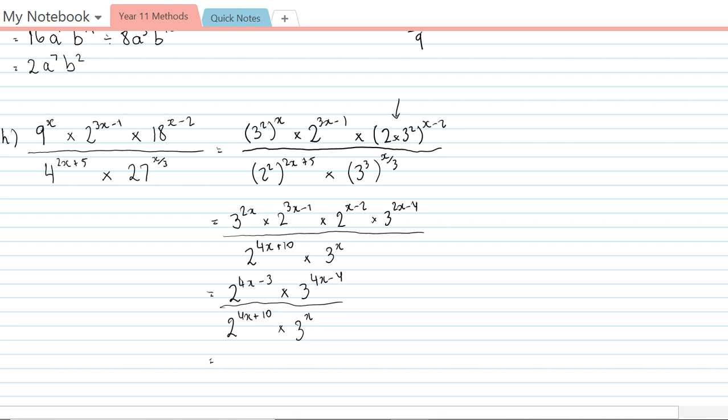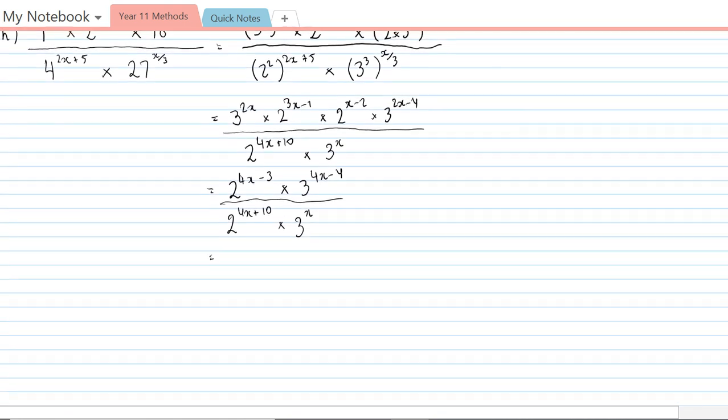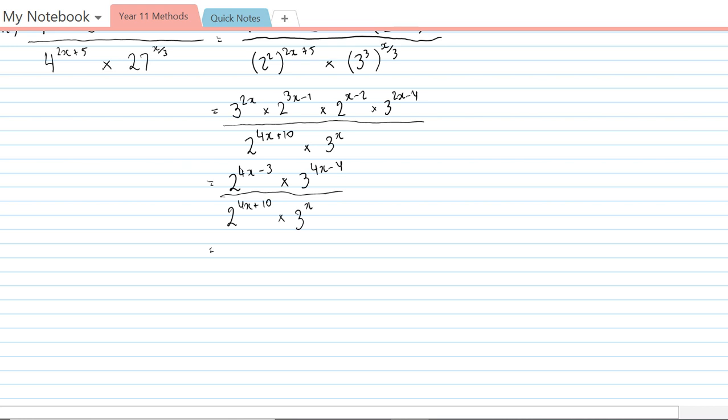Now, when we divide these, we can only deal with the ones that have the same base, but we will just subtract the powers. So we have 2 to the 4x minus 3 on 2 to the 4x plus 10. So 4x take 4x is nothing. Negative 3 take 10 is going to be negative 13.